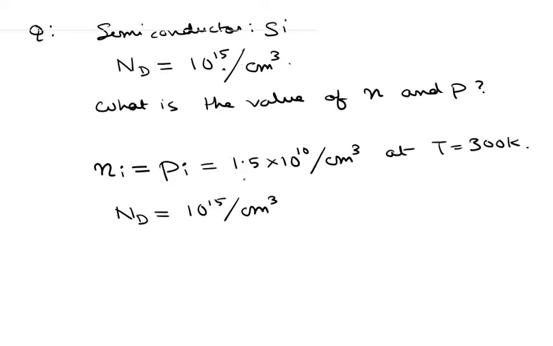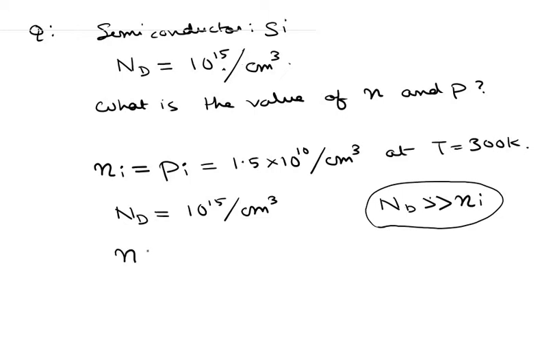Now we note that Ni is 1.5 × 10^10 and Nd is 10^15. So the condition that Nd is much greater than Ni is satisfied. When this condition is satisfied, the total electron concentration in the conduction band is approximately equal to Nd, which is 10^15 per cm³. This we have discussed earlier, because each phosphorus atom, or each donor atom, is going to donate one electron to the conduction band.